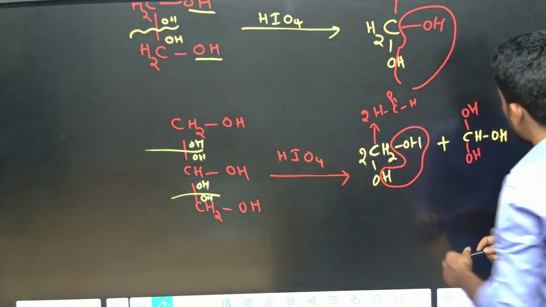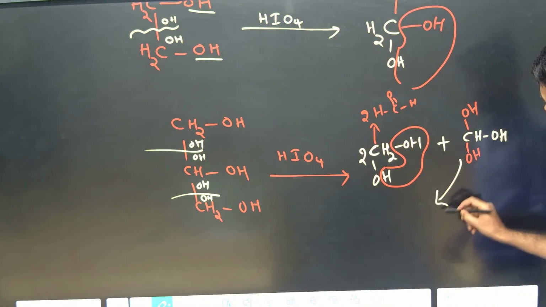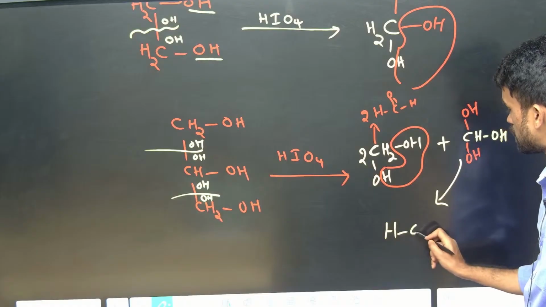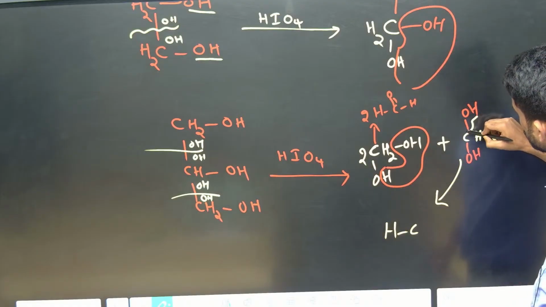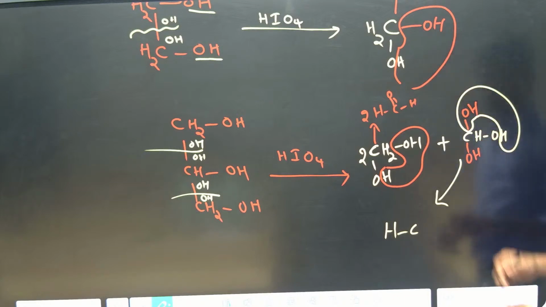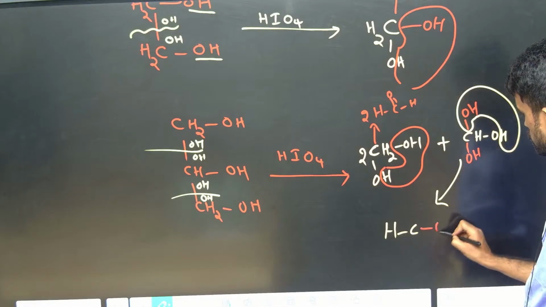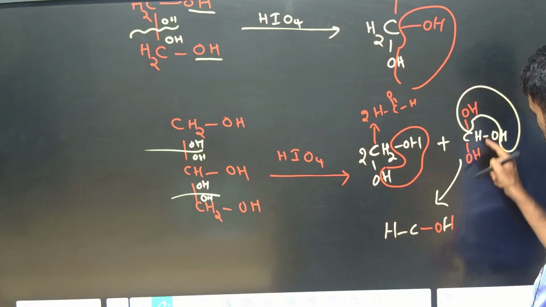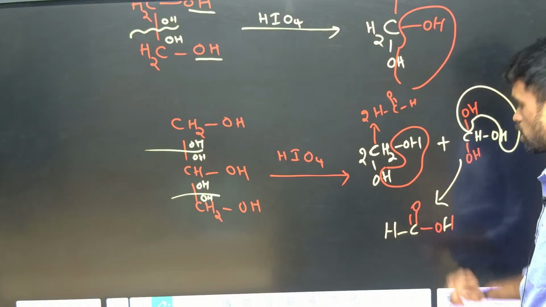And that middle one now has 3 OHs. So what happens? H is there, C is there, OH, OH, OH. Remove water molecule like this. What are the remaining things we have? One OH, a hydrogen, and one oxygen. So you are going to get a carboxylic acid.